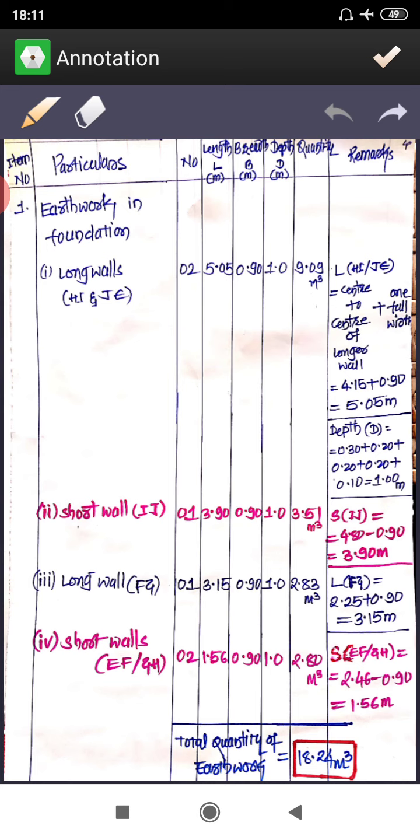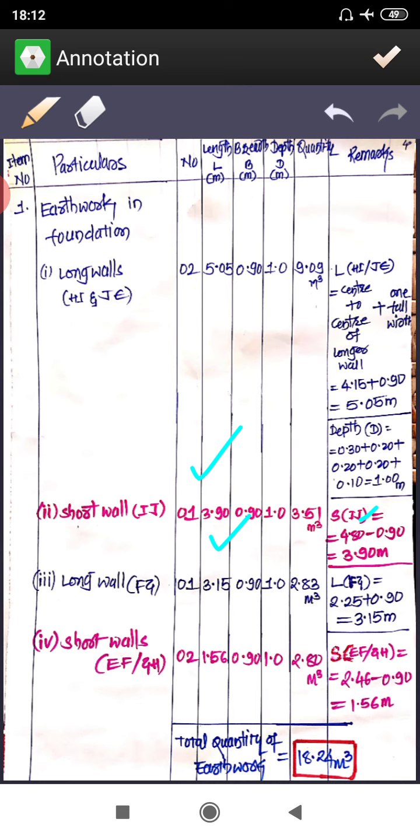Now we'll go to the short wall. See, we are having one short wall, that is IJ. Now the length of short wall, see here I have written how I got that 3.90, in the remarks column. That is, short wall IJ is equal to 4.80 is my center to center length, minus half of width from this side and half of width from that side.